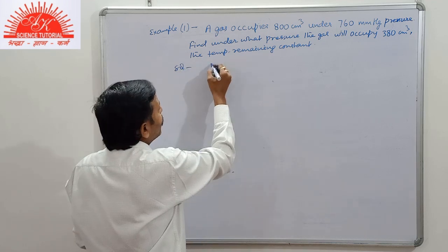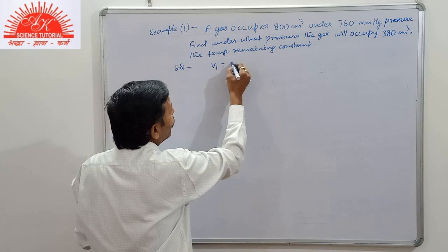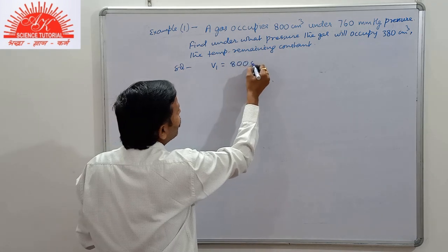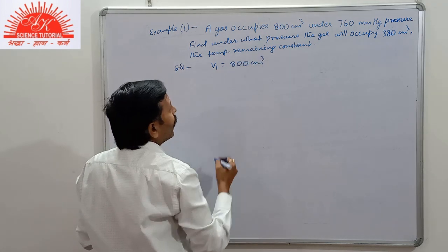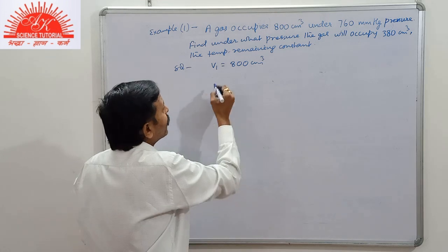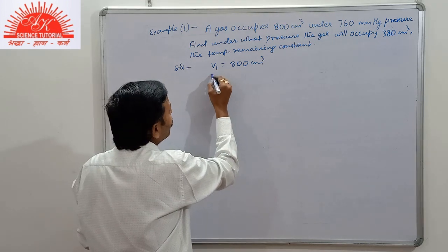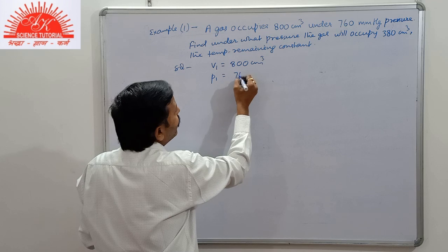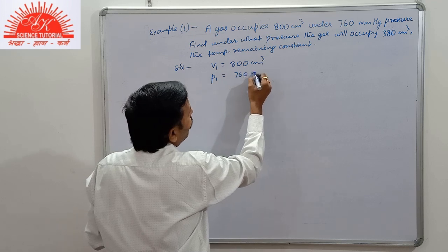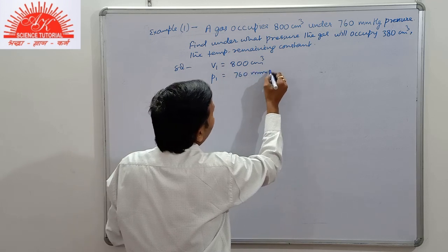Like you see, the first volume is 800 cubic centimeter. And what is the pressure at that time? The pressure is 760 mm of Hg.